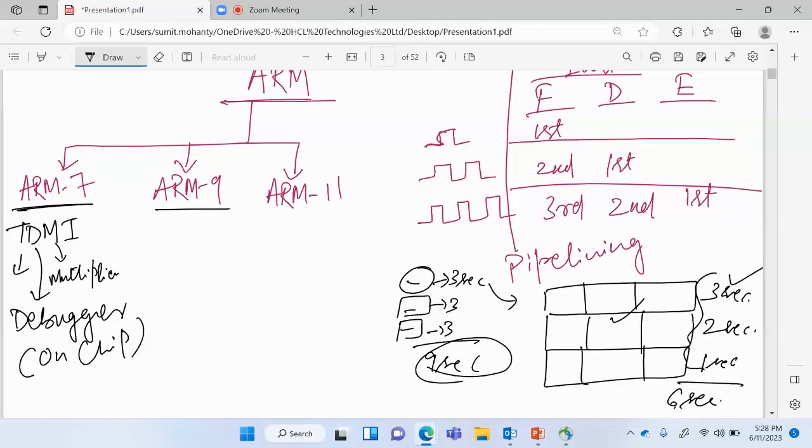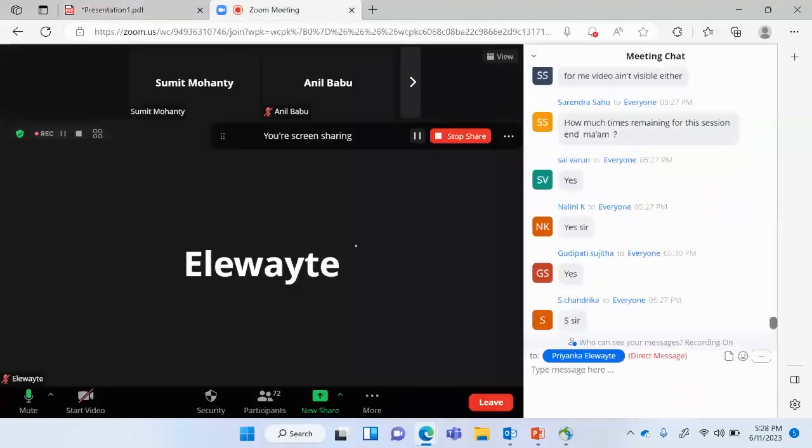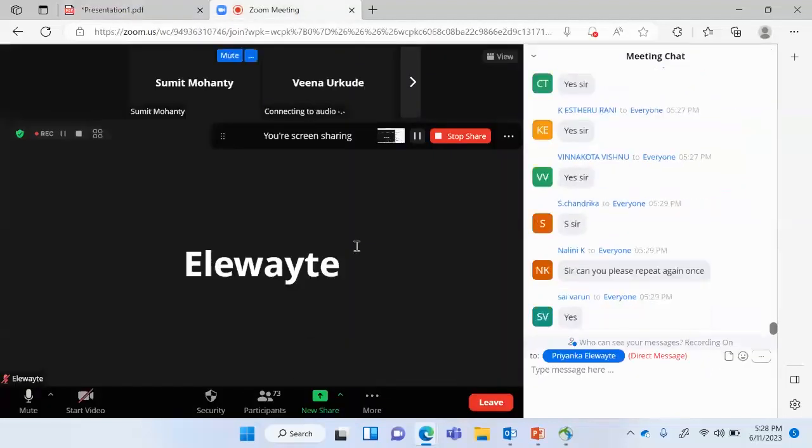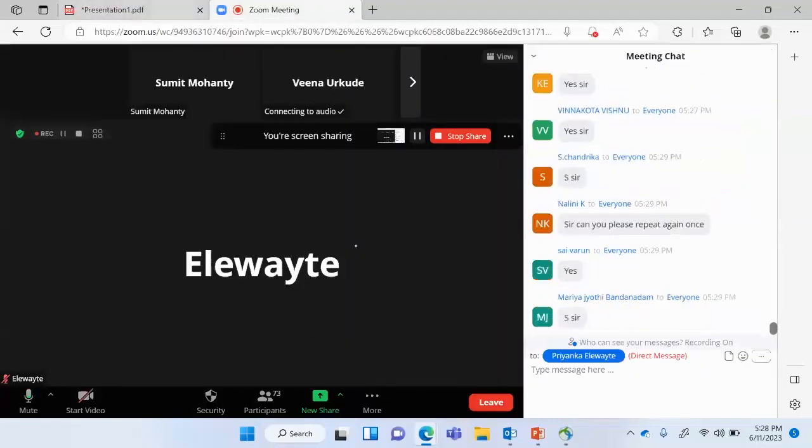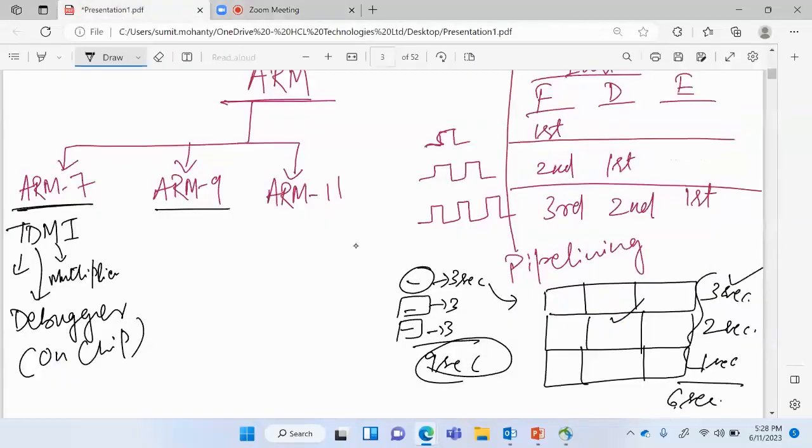Okay, similarly there is a pipeline. So this is 1 second, 1 second, 1 second, this is executed. By the time it is 1 second, here it is becoming the next 1 second.